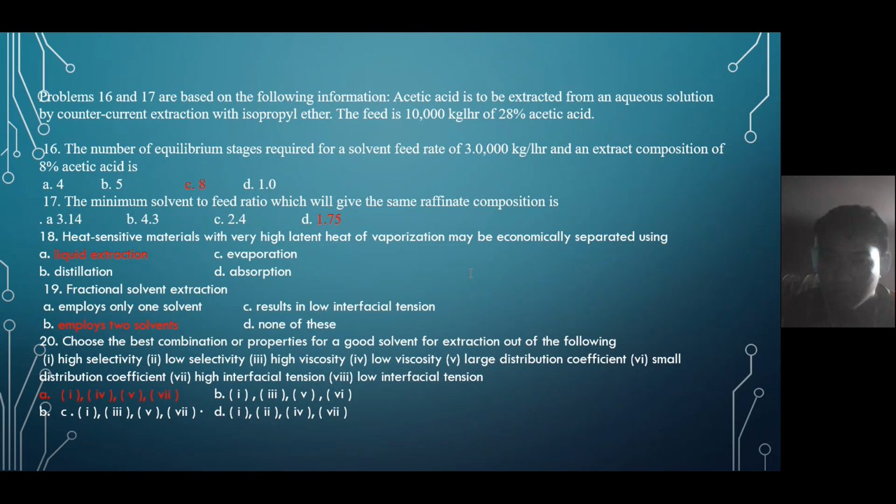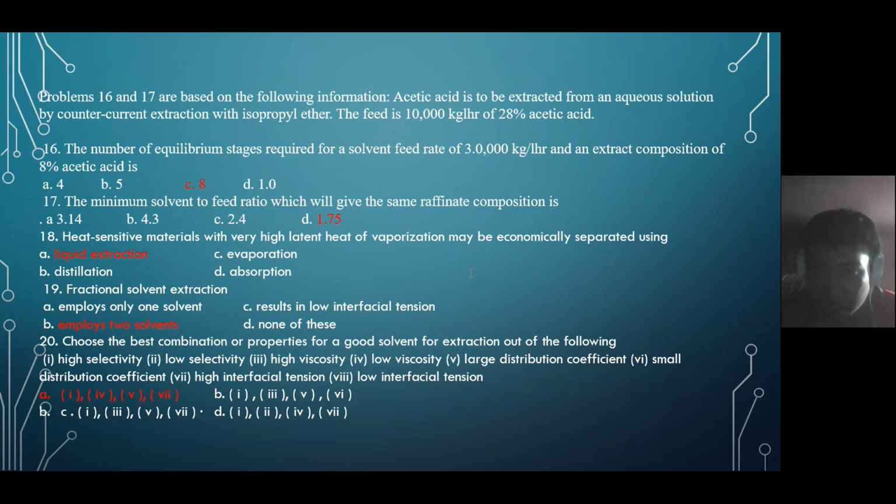We can determine that evaporation, distillation, and adsorption cannot economically separate material with a high latent heat of vaporization, making it impossible in this case. So liquid extraction is mainly used for high latent heat of vaporization.